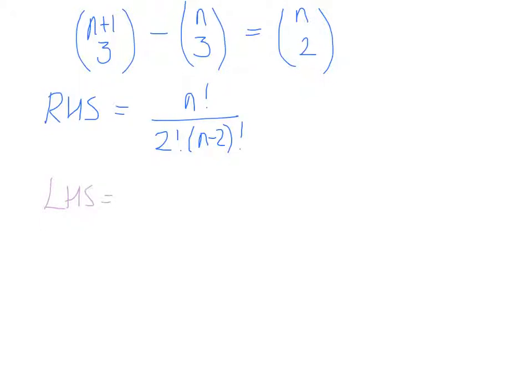So n plus 1 choose 3 is the same as n plus 1 factorial over 3 factorial times n plus 1 minus 3, so I'm going to say n minus 2 factorial.